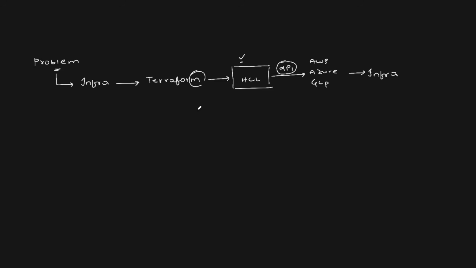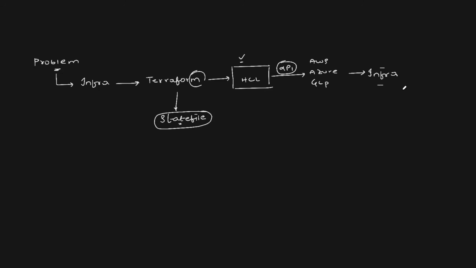But there is a problem here. Terraform remembers the infrastructure that it created using a file called the state file. And this state file updation is unidirectional in nature. When Terraform creates the infrastructure, it updates the state file.